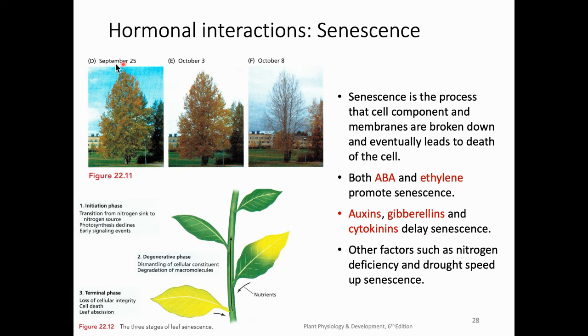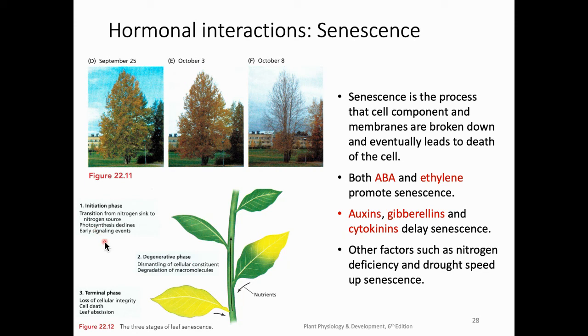This is early October, and this is just a week later, about two weeks apart. You can see that the leaves turn orange and then fall, and this has about three phases.